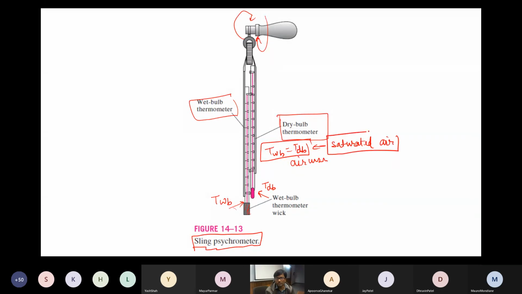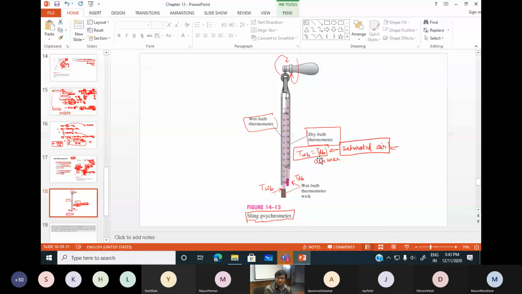No more vapor it can take. This is the way you can get an idea of whether your air is saturated or unsaturated by keeping track of wet bulb and dry bulb temperatures.